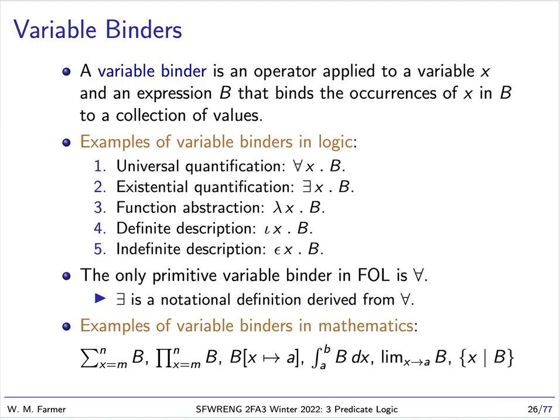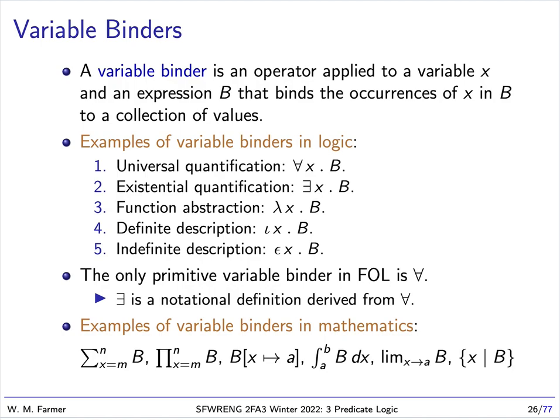It's not like a function that's applied to a set of arguments. It's a more complicated thing, because we're thinking of the expression B as involving occurrences of x, and the meaning of the whole binder depends on where these occurrences occur.